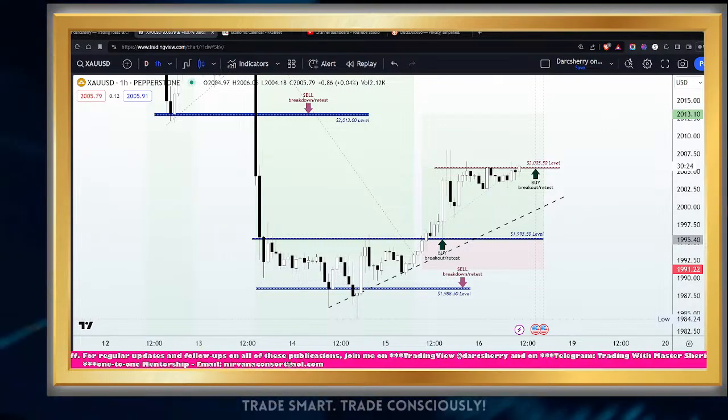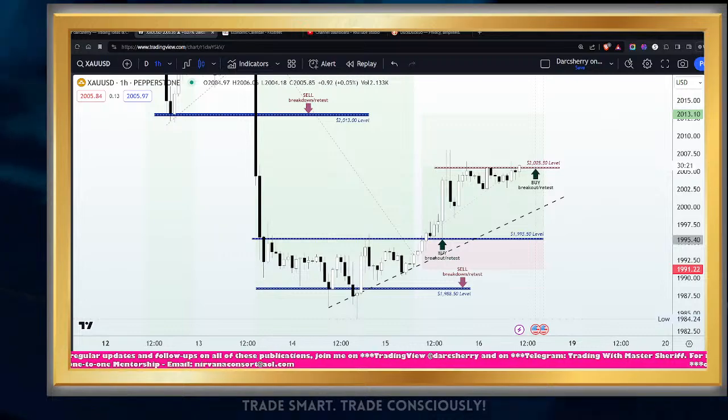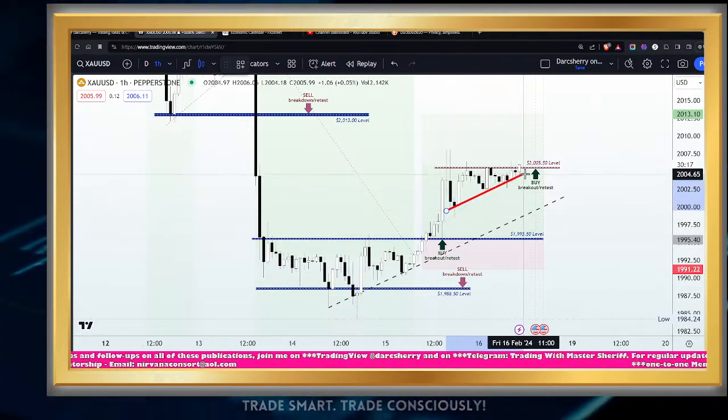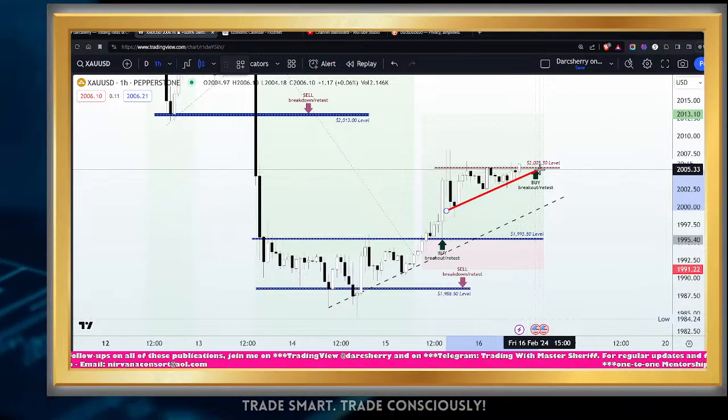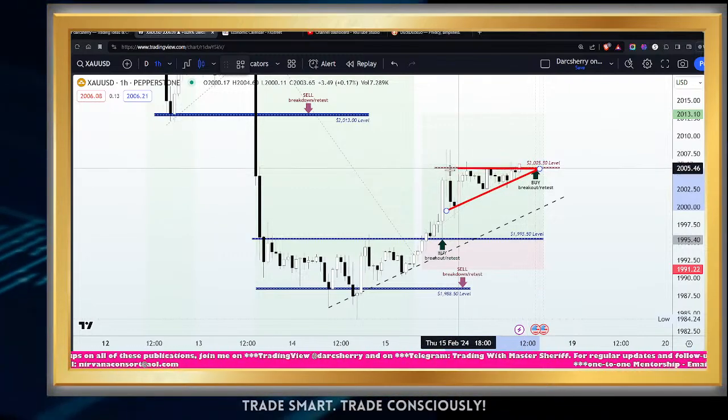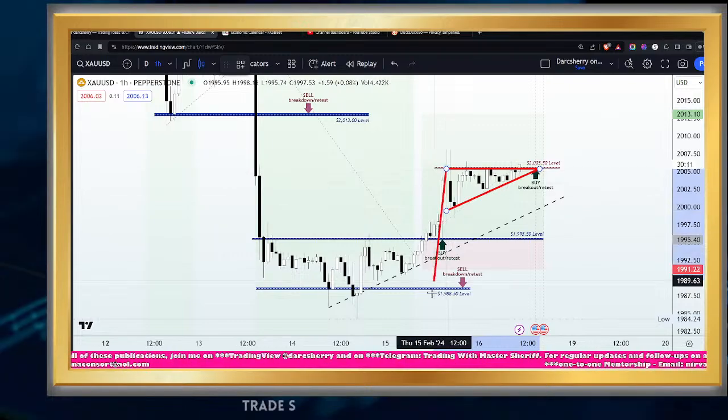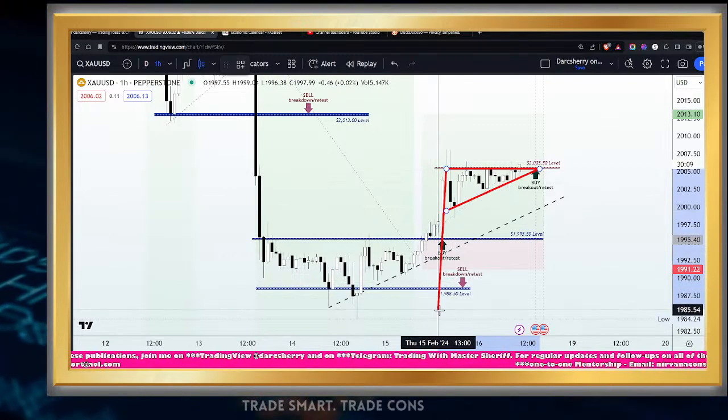During the Asian trading session, we saw a continued consolidation phase somewhere around here, giving us something that looks like an uptrend continuation pattern in the form of an ascending triangle, as you will see right here.